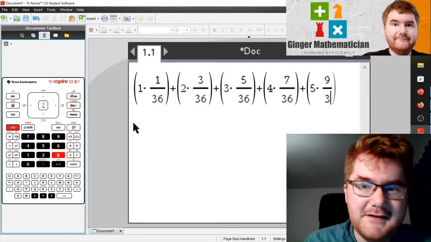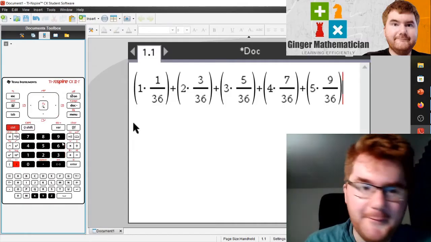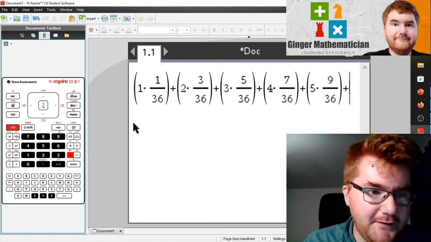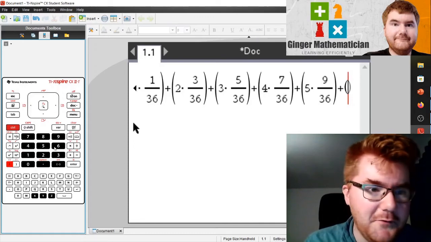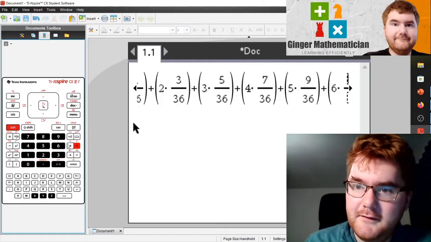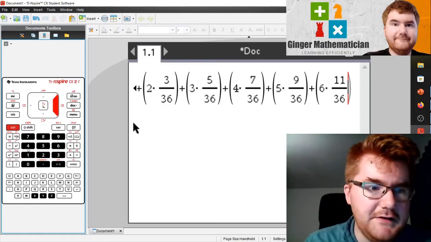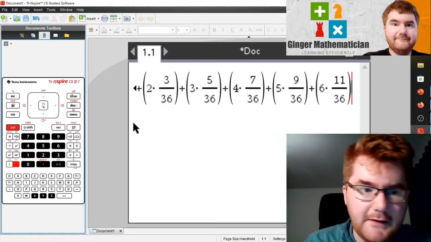This is where I really don't want to make a mistake on camera. I'll do my best not to. Plus, open brackets. We're almost there. 6 times, close brackets, 11 over 36. This is where I really do pray I do not make a mistake.